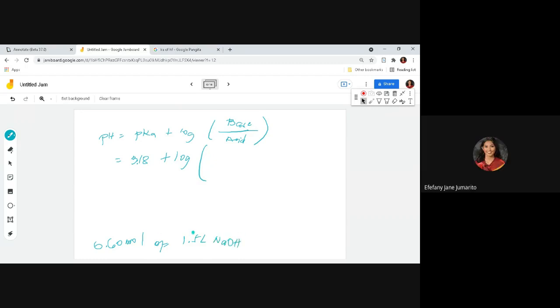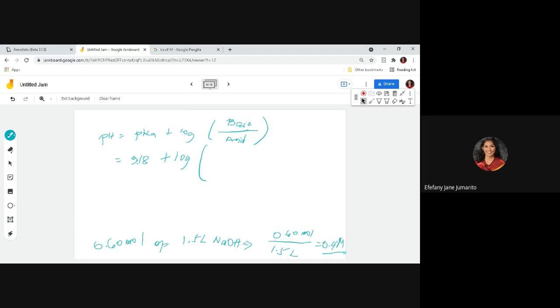How do we convert that into concentration, moles per liter? 0.60 moles divided by 1.5 liters will become 0.4 molar.